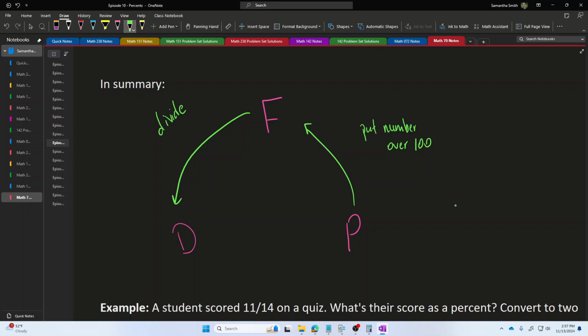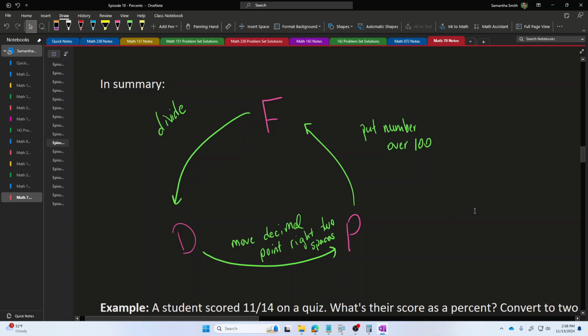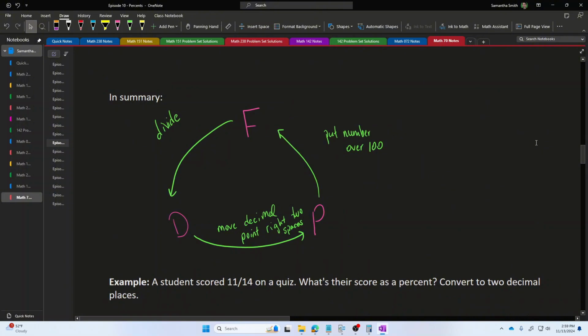And if I want to convert a decimal to a percent, then all I have to do is move the decimal point to the right 2 spaces. So using this triangle, you can get from any representation of a number to any other representation of a number. For example, if I wanted to convert a fraction to a percent, I would just divide to get it as a decimal, and then I would move the decimal point.